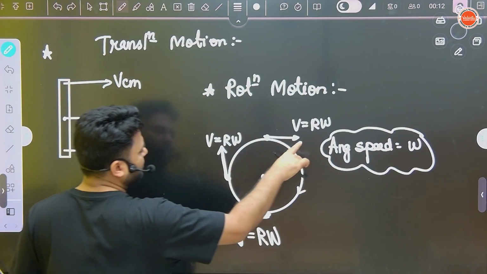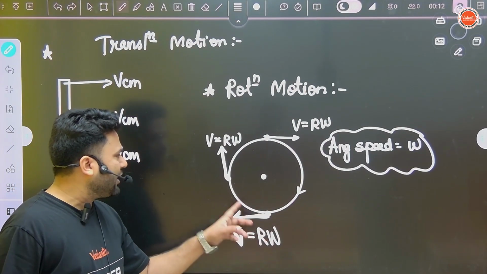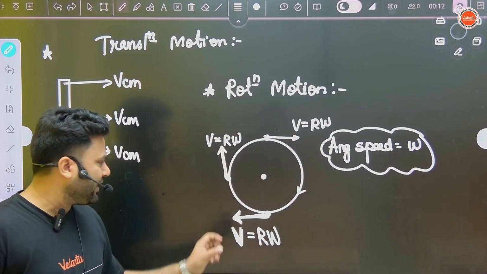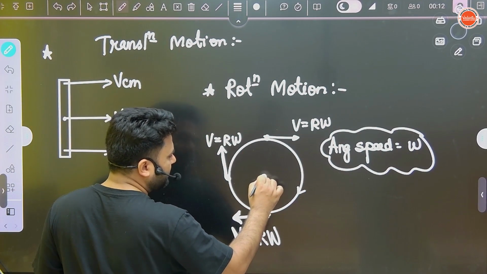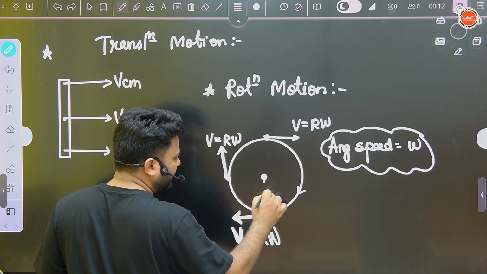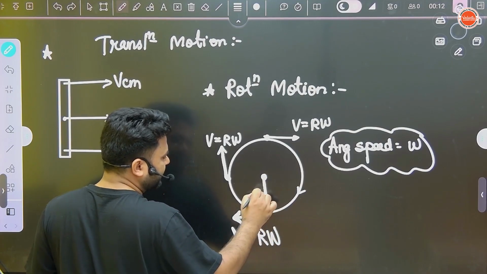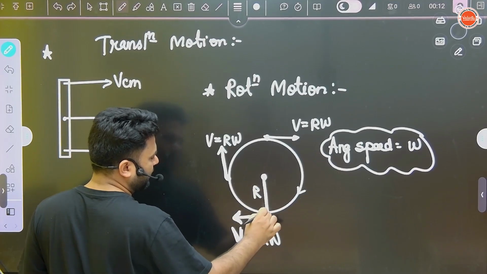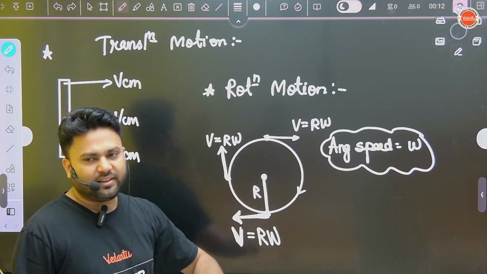Here tangent, here also tangent, here also tangent. And this speed is v equals r omega, where r is the radius, the distance from the center of rotation to the point where you are asking the linear speed, and omega is the angular speed.